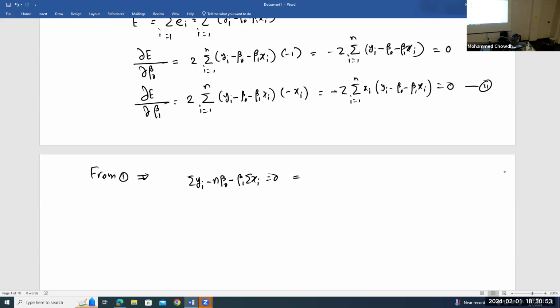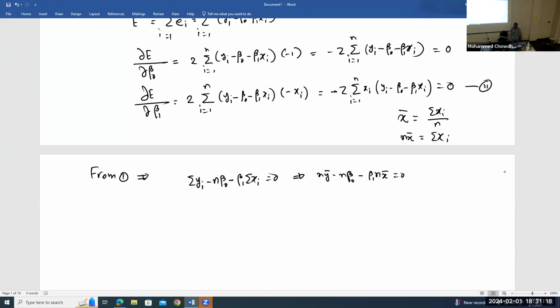So from there I can write sum of yi equal to n y bar, n beta 0, and beta 1 n x bar equal to 0. Why? Because x bar equals sum of xi over n. So n x bar equals sum of xi.